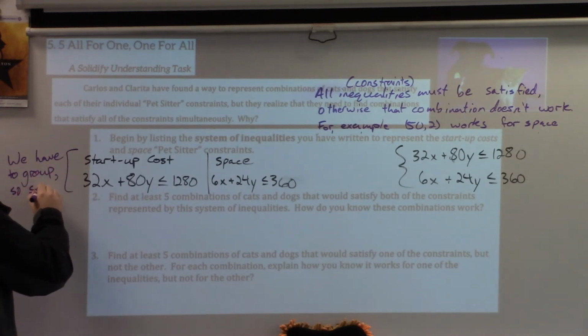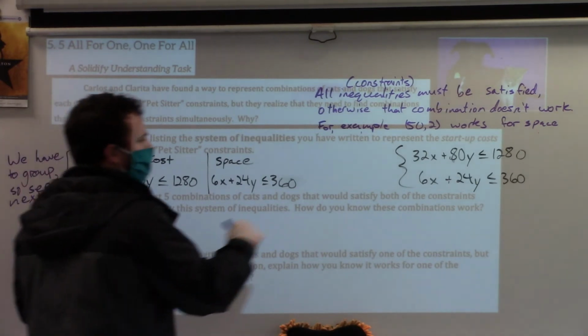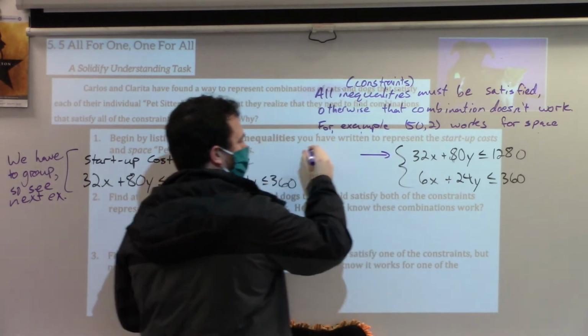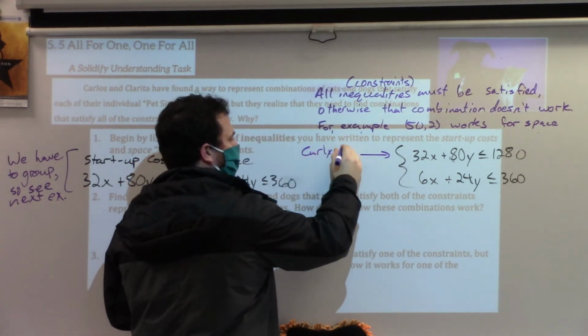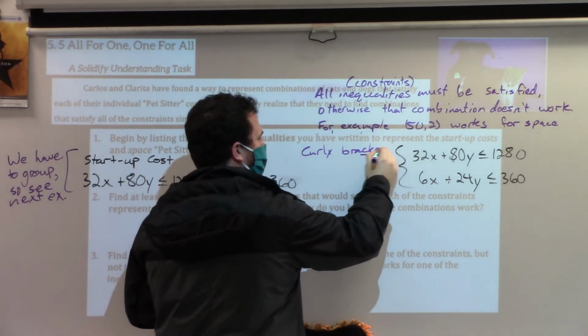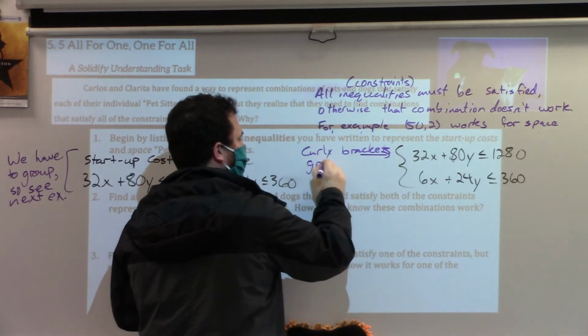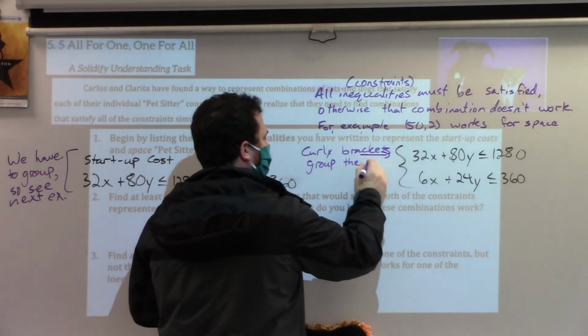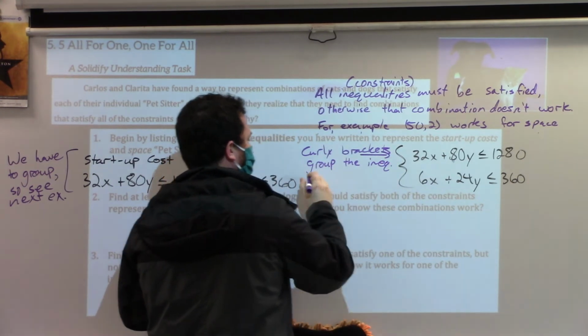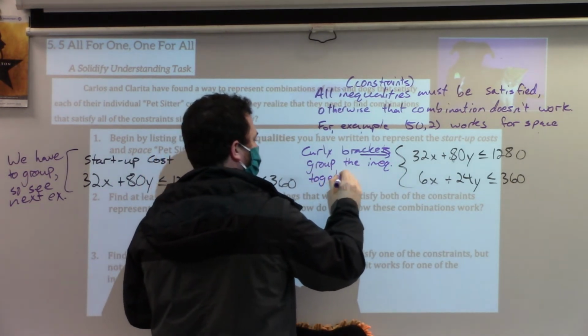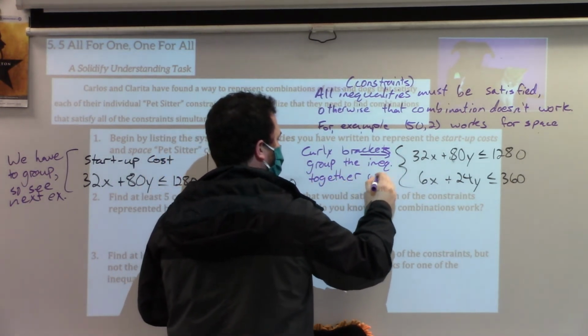So see next example, right? We don't want to just erase our mistakes. We want to learn from them. So see next example. And then over here, we want to note curly brackets group the inequalities together, creating a system.